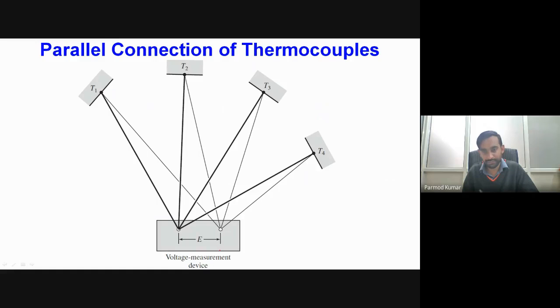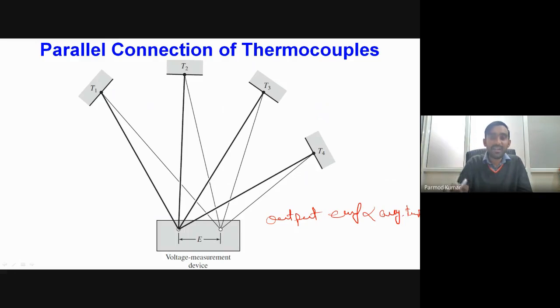Okay, so in this particular type of arrangement, whatever output EMF we will be obtaining will be nothing but proportional to the average temperature of these four different junctions. So from this type of parallel thermocouple connection, we can obtain the average temperature of the different junctions.